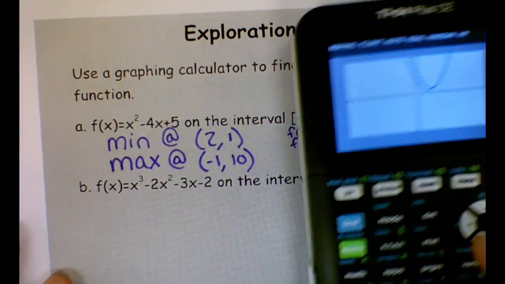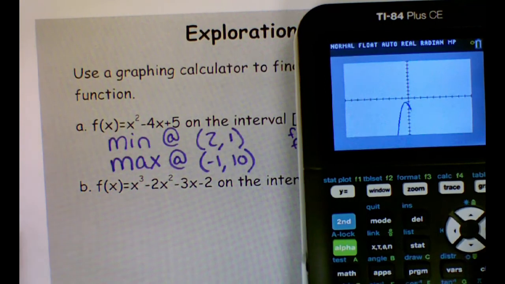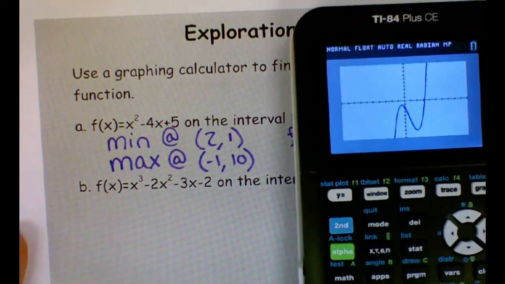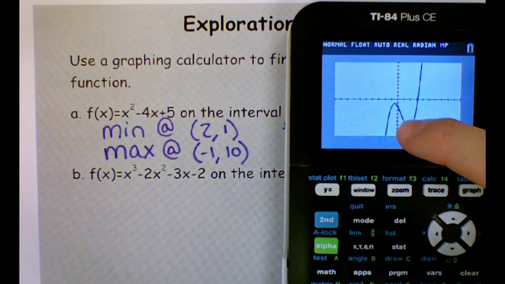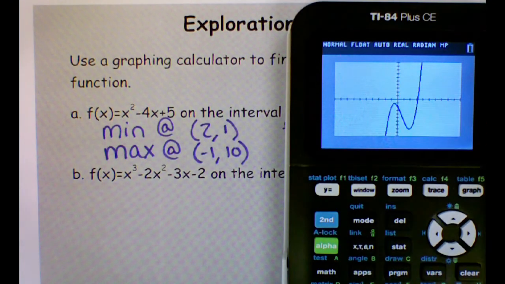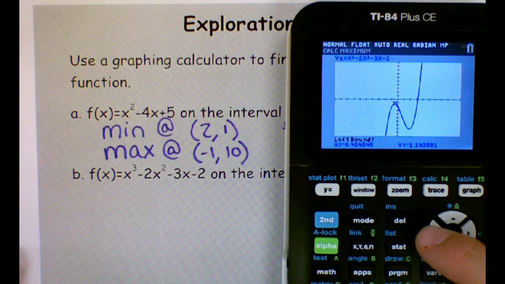All right, let's try the next one. Y equals x to the third power this time, minus 2x squared, minus x, minus 2. And we are on the same interval, right? -1 to +3. So I look at this. I might have a max here, a min here, but we're looking just absolute maximums and minimums. So the first things we want to calculate are any that look like they're maxes or mins. So second calculate. I see a max there.